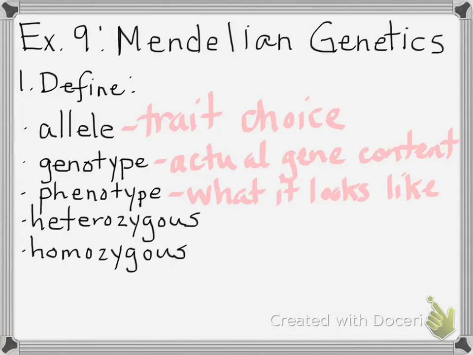Purple is a phenotype. Tall is a phenotype. Dwarf, that's a phenotype. What does it look like? And so you use words for phenotypes. It's easier to know a person's phenotype than their genotype. It's easy to see the traits. It's harder to know whether they're just dominant or if they have the dominant and the recessive. It's hard to know. Okay, heterozygous, hetero. Does hetero mean the same or does hetero mean different? Different.